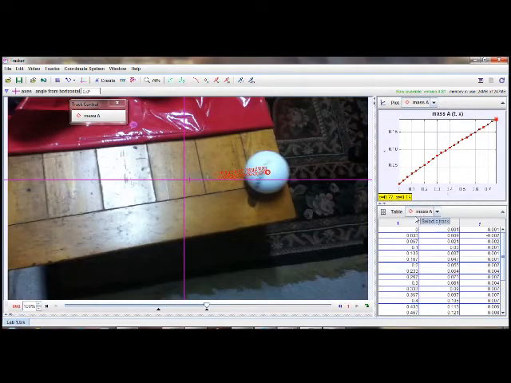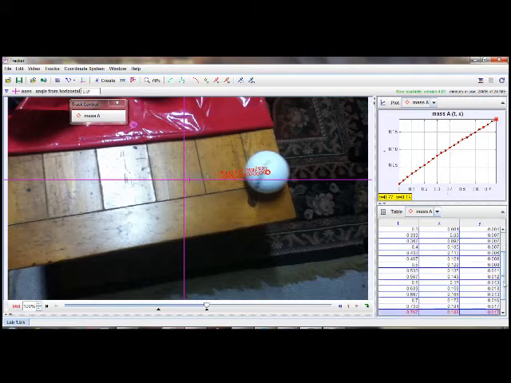Let's observe the position versus time chart. As we can see, at t equals 0 seconds, which is the initial time, the initial position of the ball is 0.001 meters on the positive x-axis. We can also see that the time of last observation is 0.767 seconds.